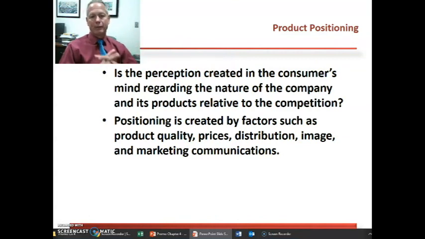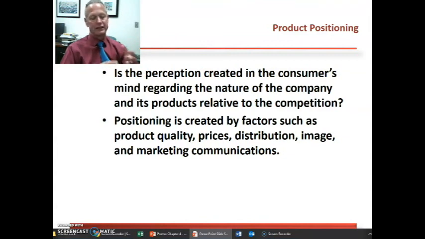Now we get into product positioning. Product positioning is created in the consumer's mind, and it's in regard to the competition. That's one of the reasons why we need to understand competition, so we can understand the product positioning of our clients. So without understanding product or competition, you wouldn't understand positioning. For instance, look at the way Hyundai is positioned against Lexus.